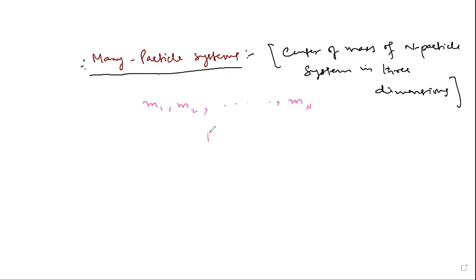And let capital M be the total mass of the system, which is equal to m1 plus m2 plus so on plus mn.